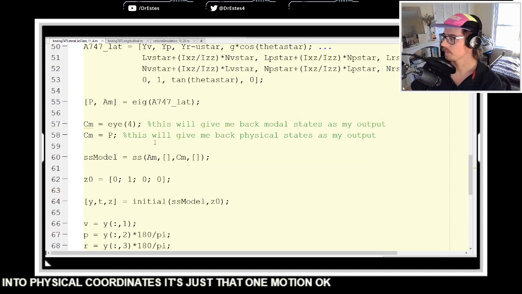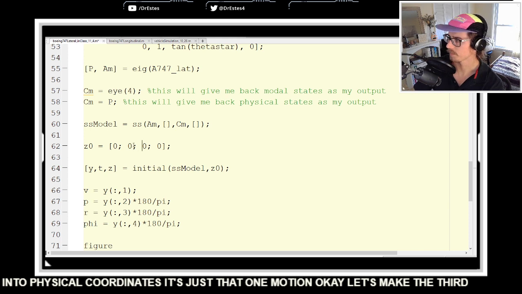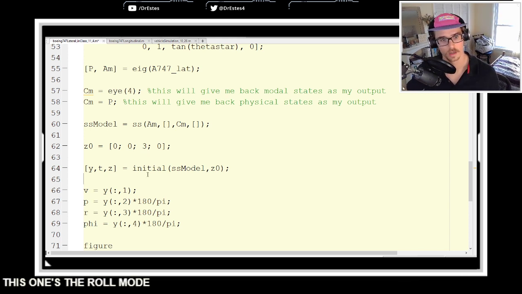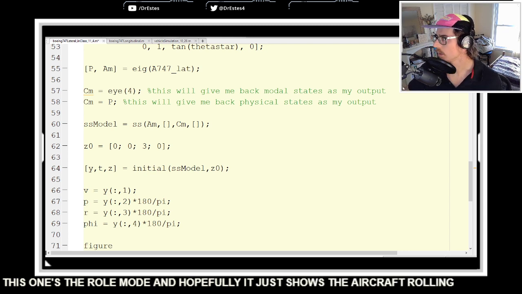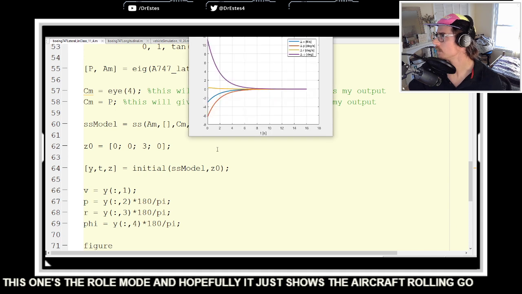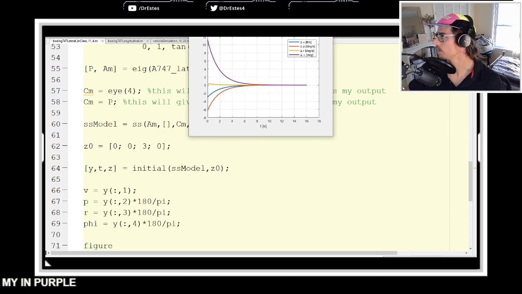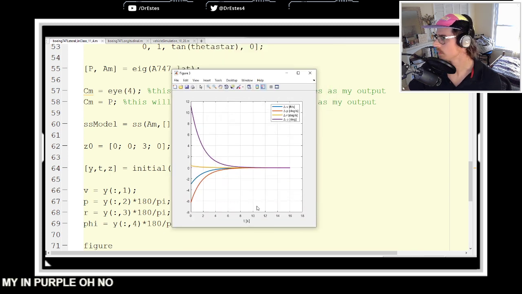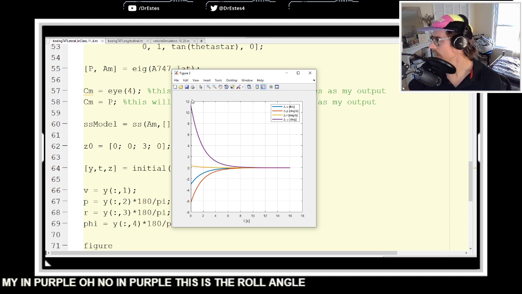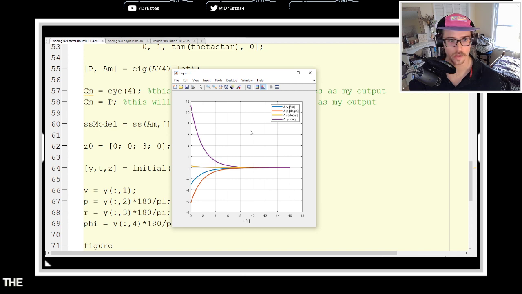Okay, let's make the third. I think this one's the roll mode. And hopefully it just shows the aircraft rolling. In purple, this is the roll angle. As it's rolling, it makes sense. P is the roll rate.